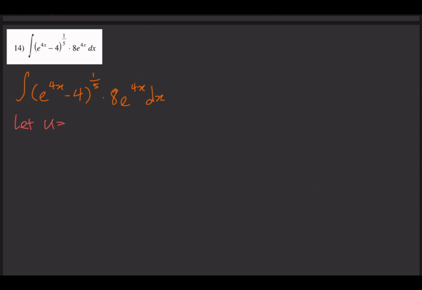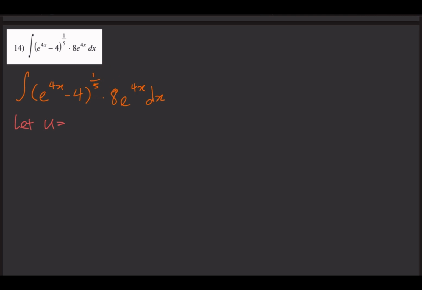So, what I noticed, the heavier equation here, as in the tougher equation here, is this part, right? e^(4x) minus 4. Because it has a power on top, it's very hard to expand and do any sort of expansion.